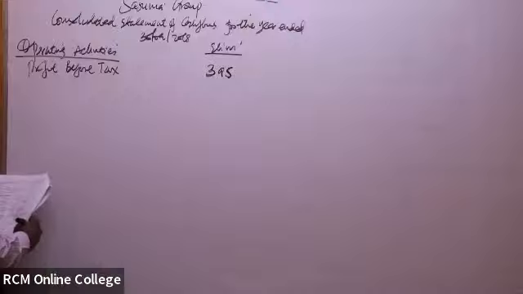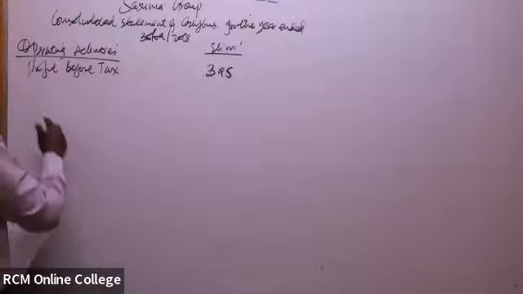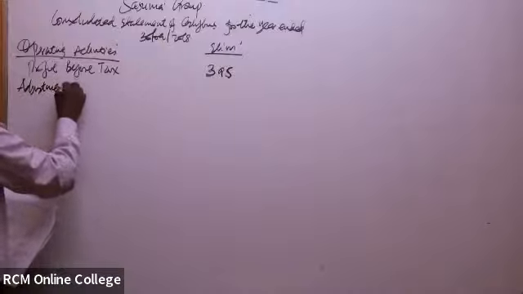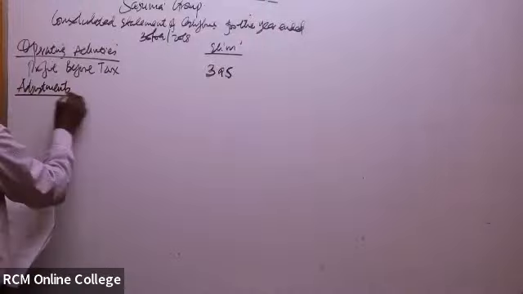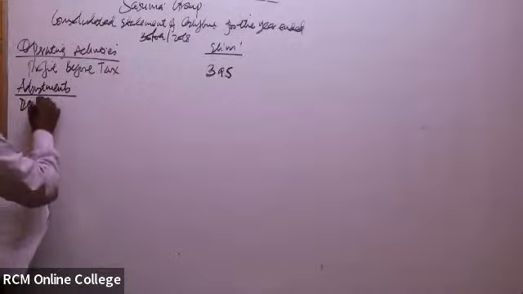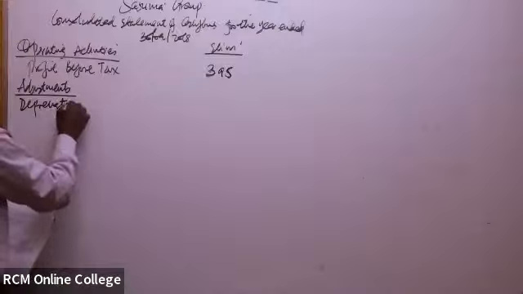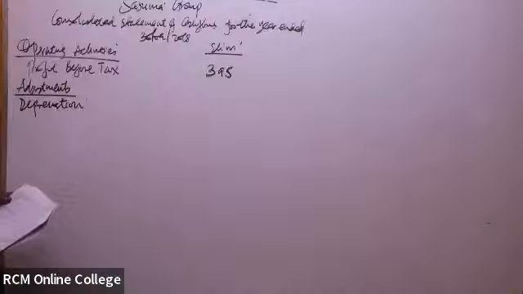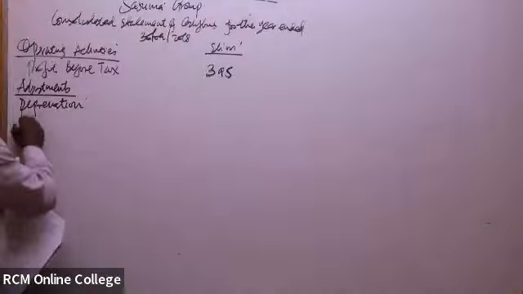Then you can adjust the non-cash items. So adjustments. For the non-cash items, of course you have depreciation. Depreciation is how much? You have impairment of goodwill.